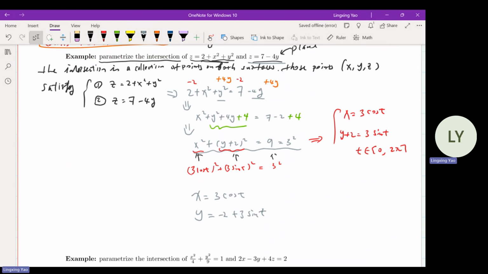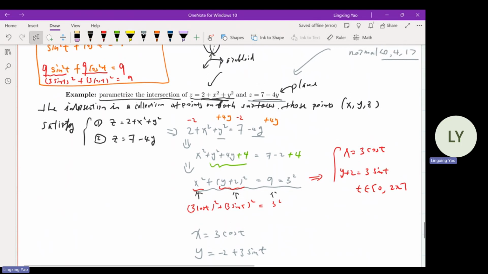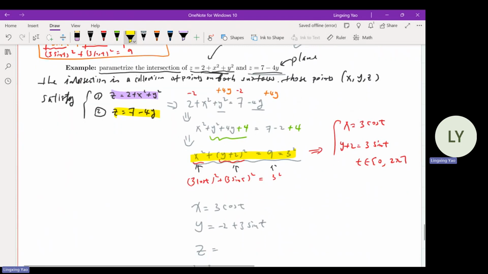Okay, and then z equals what? As we said, the intersection is the collection of the points that satisfy both equations, and from those two equations we derive the relationship, and we can represent them using those two. But the third variable z also has to be enforced.